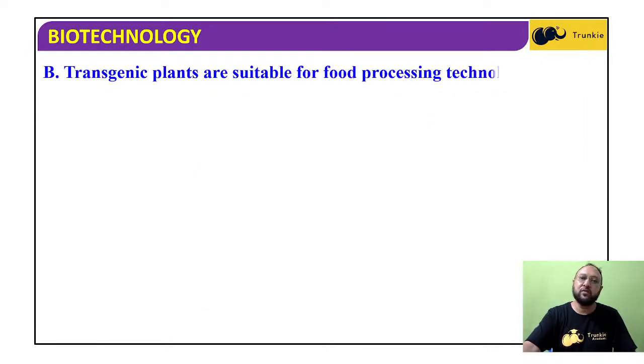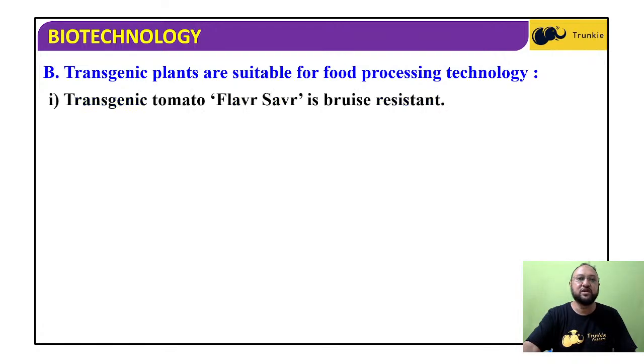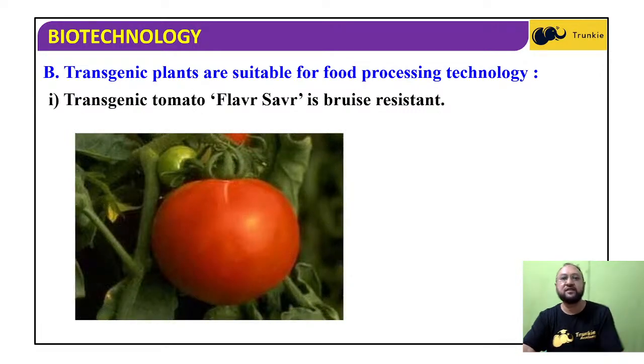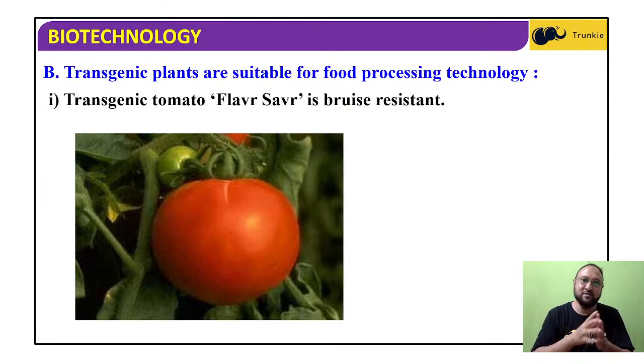Transgenic plants are suitable for food processing technology also, because transgenic tomato, Flavr Savr, is bruise resistant. In nature, the normal wild type easily shows bruises on the surface. But in the transgenic tomato, the surface is a little smooth and not easily bruised.